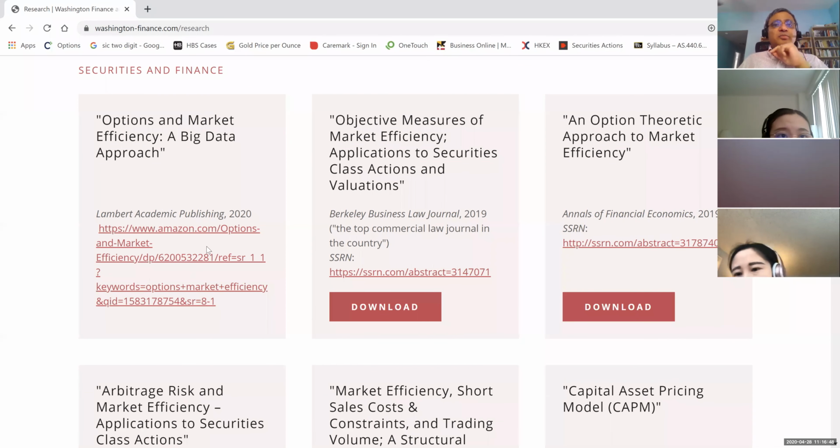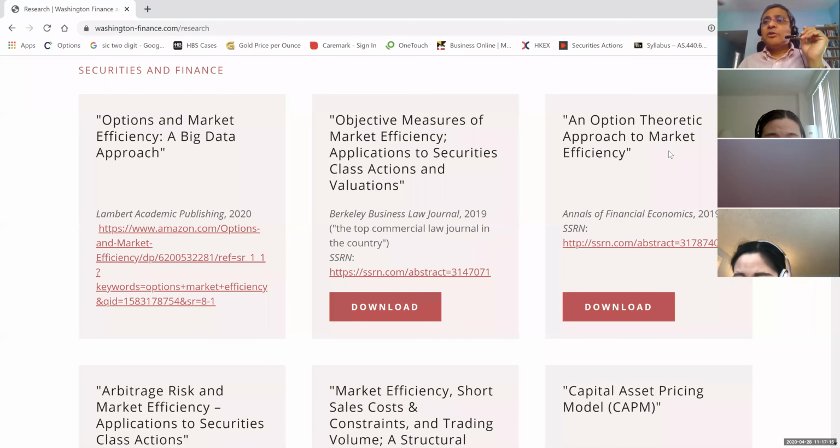There is this book of mine on options and market efficiency, a big data approach, where I talk about market efficiency in a lot of detail. It covers objective measures of market efficiency, applications to securities class actions, and valuations. Valuations are of much more interest to a wide audience, because securities class actions are primarily an American phenomenon.